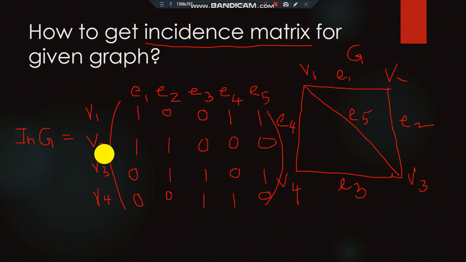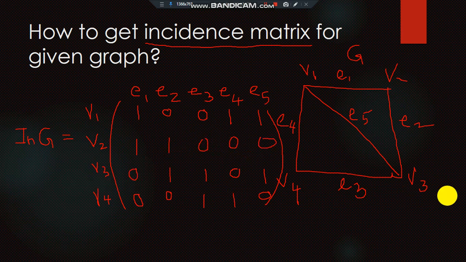Now V2: E1 is incident on V2, so 1. E2 is incident on V2, therefore 1. Then no other edges are incident on V2: E3, E5 and E4 are not incident. Therefore, for the others we put 0, 0, 0.